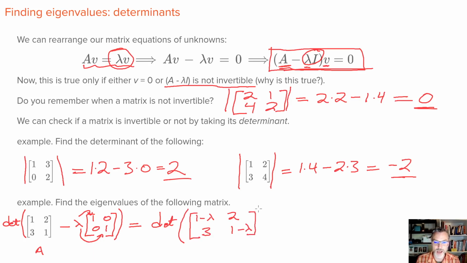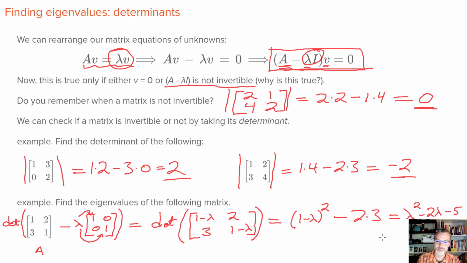Now the determinant is these two multiplied together. So 1 minus lambda times 1 minus lambda, so I'll just write it like this, squared, minus 2 times 3. I can work that out a bit. I'm going to get lambda squared minus 2 lambda plus 1 minus 6, so minus 5.